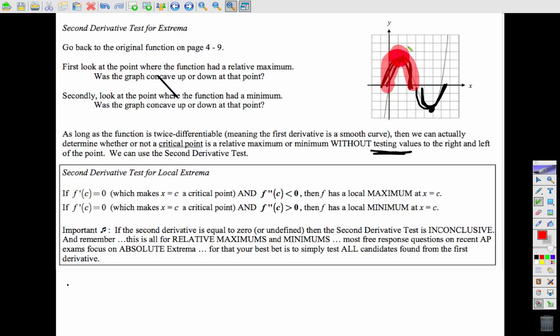The first derivative was equal to 0 at this point right here. Okay. So the first derivative is equal to 0 right here, and the second derivative is less than 0 at that point, as we've already talked about.